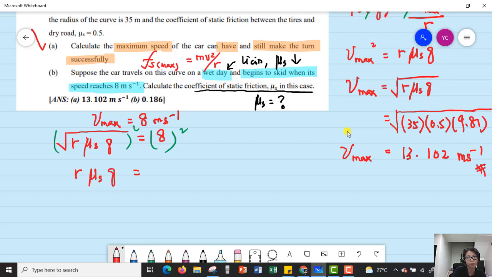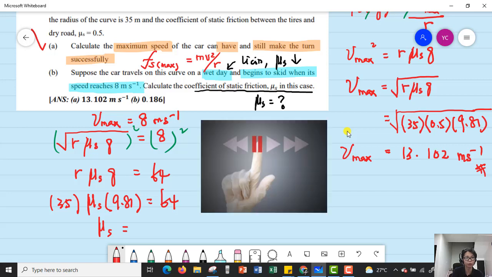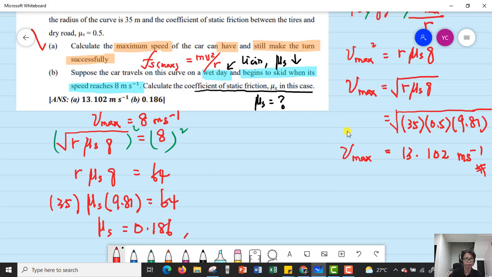R is still 35, mu s is what we want to find because the road is now wet and slippery, so the coefficient is different. g is 9.81. So 64... pause the video and solve the question. If you calculate correctly, I guess you will get around 0.186. Okay, the coefficient has no unit.